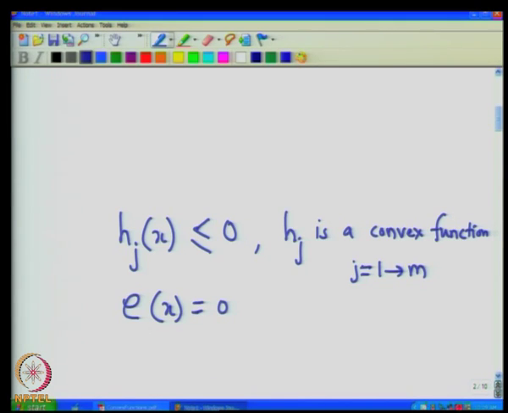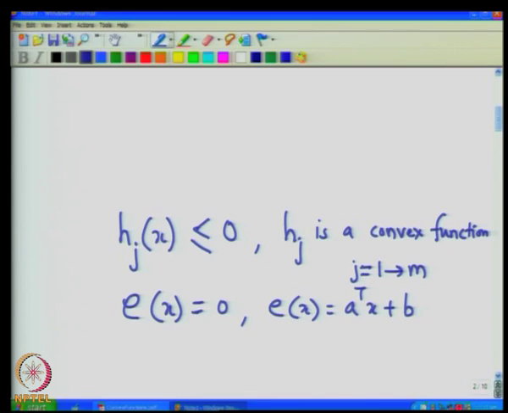Now, this set will be a convex set if and only if your E(x) is of the type A transpose x plus b. So, in other words, the set of all points x such that E(x) equal to 0 is convex if and only if E(x) is affine.